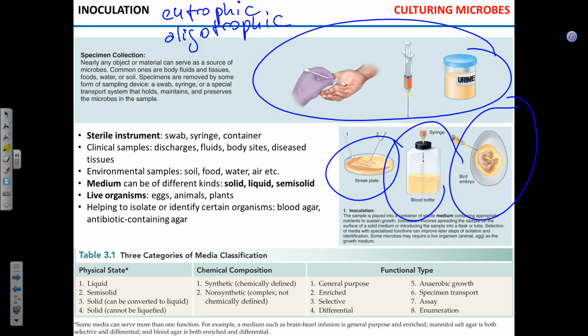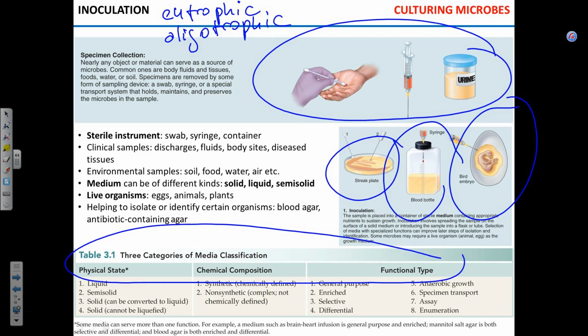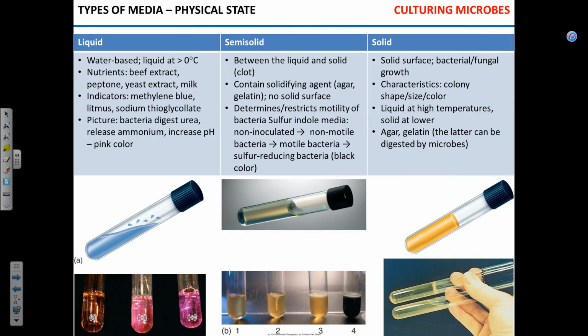Okay. And we're going to talk about them. Basic classifications of media are based on the physical state, based on what's in the medium, and what is the purpose of the media. Why do we use it? Okay? And in the following probably 15 minutes, I hope we will discuss those different types.